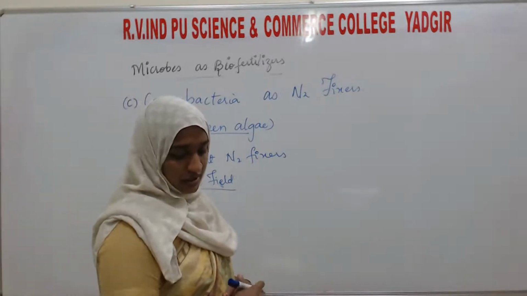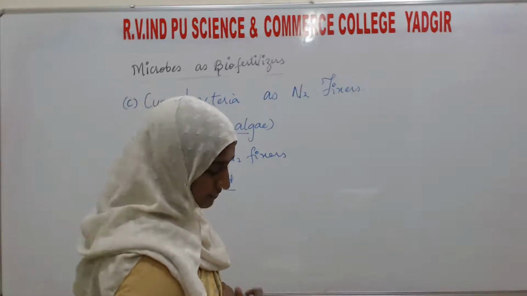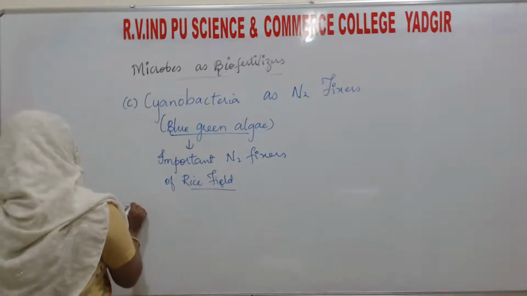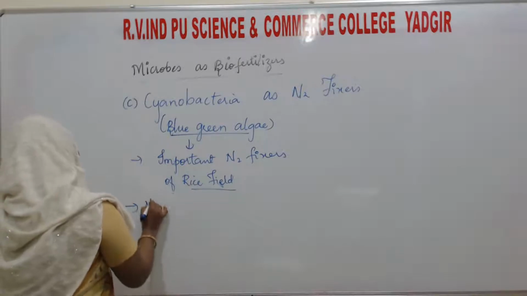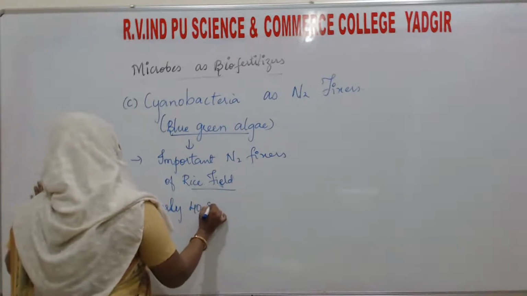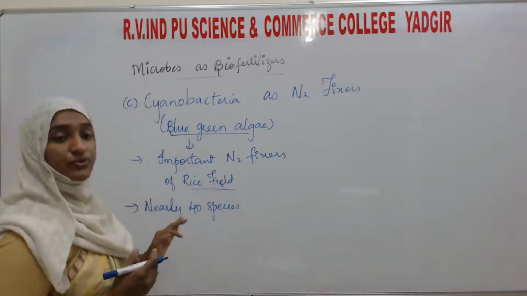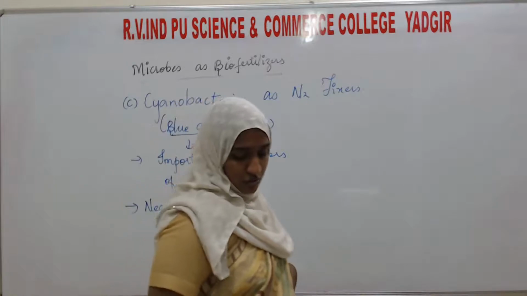Here, nearly 40 species of blue-green algae are known to fix atmospheric nitrogen. How many? Nearly 40 different species of cyanobacteria are known to fix nitrogen.